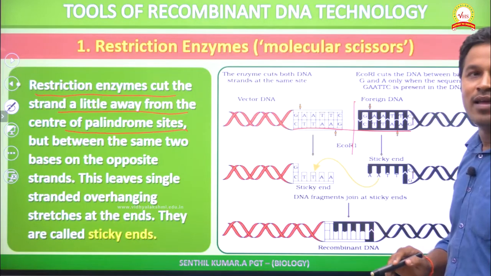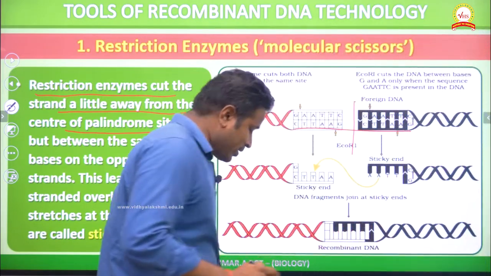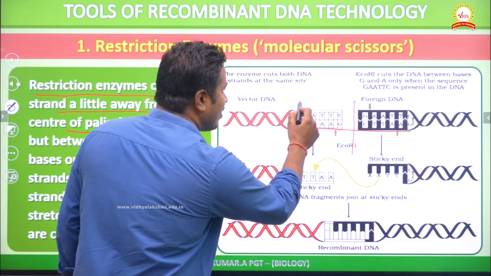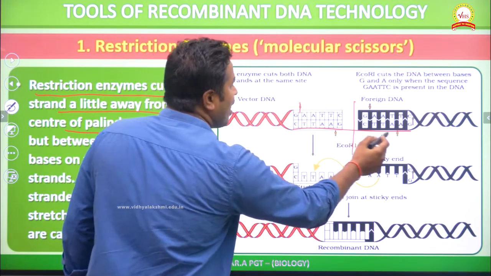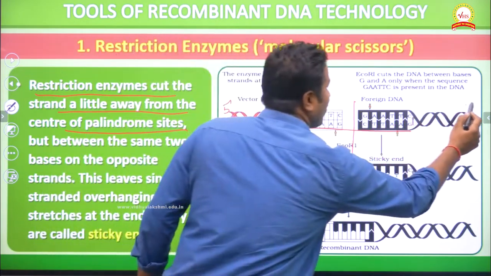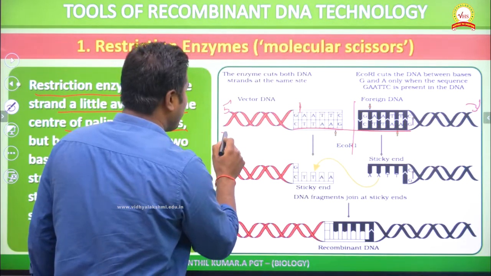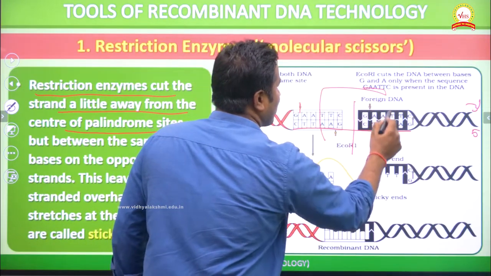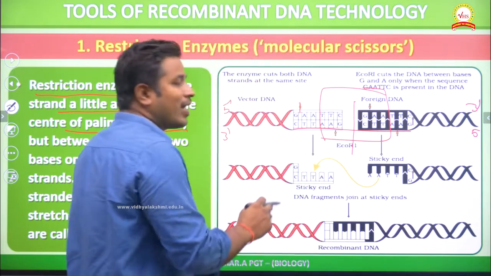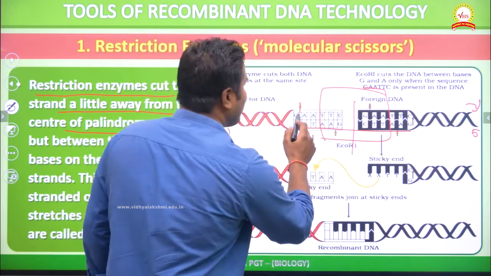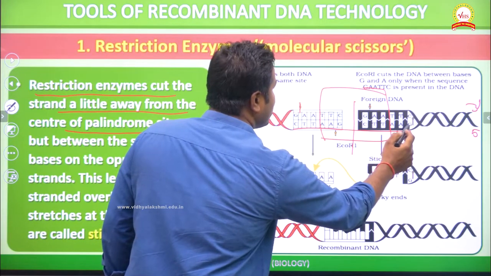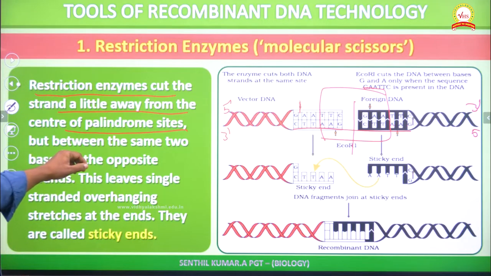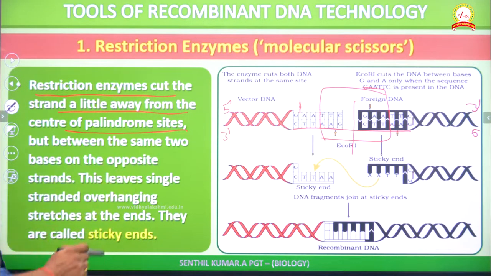If it cut in this region, it could be considered the center, but instead it cuts between the G and A in the 5' to 3' strand, and similarly here in the 3' to 5' strand, between the same 2 bases on the opposite strand.